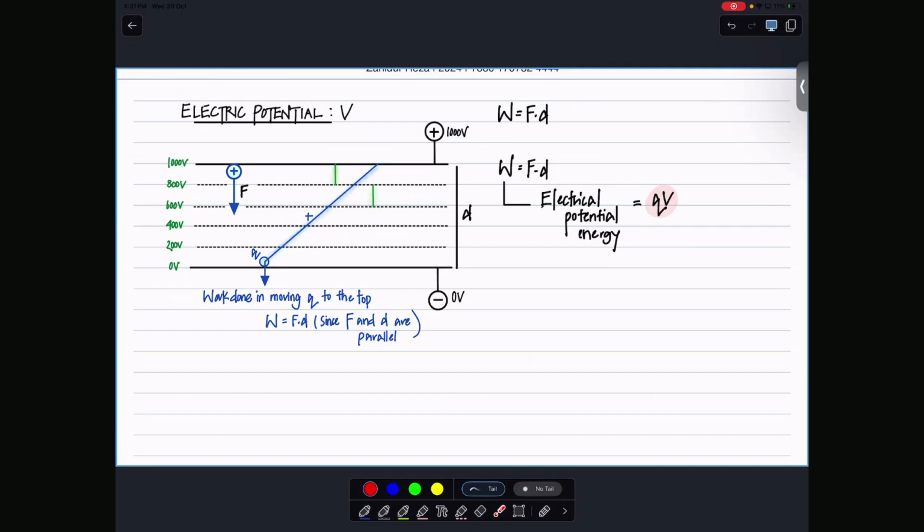So even though you go like this, you're fighting against the force this much. So which vertical distance have you traveled? That. So an example would be if I take a ball from here to there, and if I take a ball from here to there, how much GP do each of them gain? Yeah. Because it doesn't matter what path you take. How much did you do work against gravity? That matters. Okay.